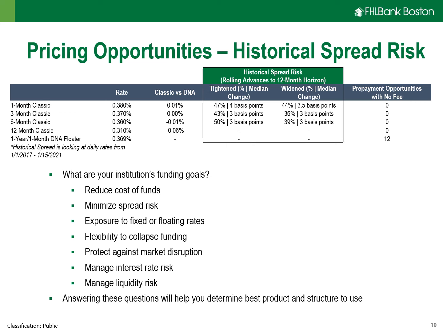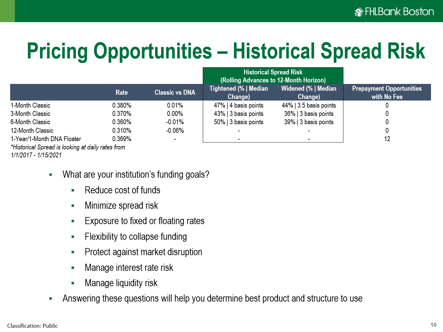You save 1 basis point in cost, remove spread risk, afford yourself the ability to collapse funding at each 1-month mark, and you manage liquidity risk. This is just one example, but as I said, you look at this from the perspective of where the pricing is and what your needs are.